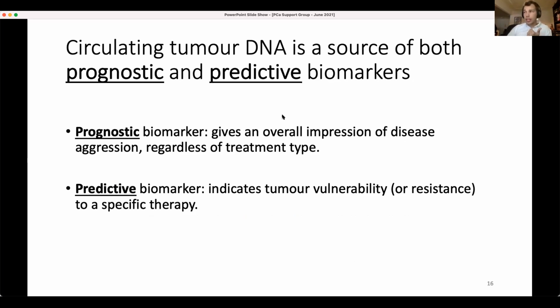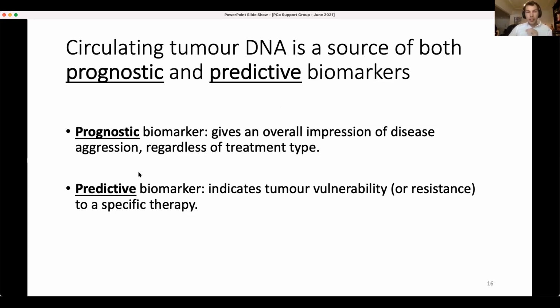Prognostic biomarkers are biomarkers that give us an overall impression of disease aggression. So an overall impression of how quickly the cancer is likely to progress, or conversely, how slowly it's likely to progress. And this is regardless of the particular treatment that a patient receives.